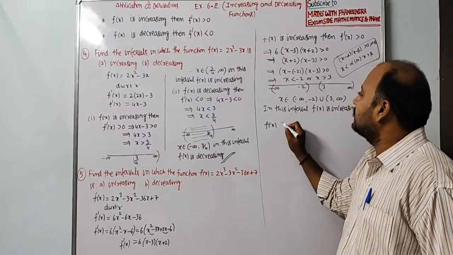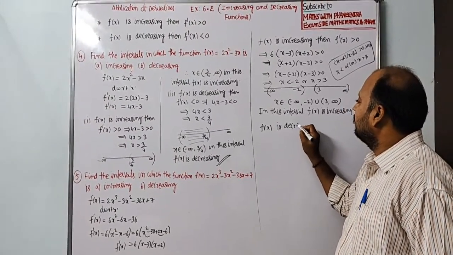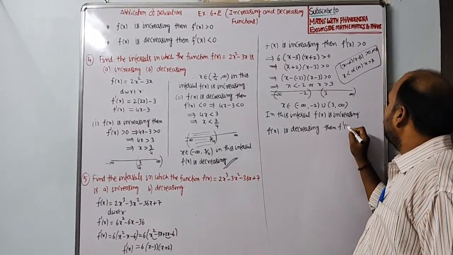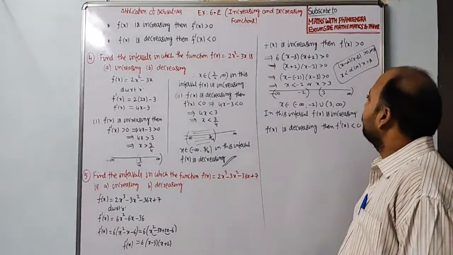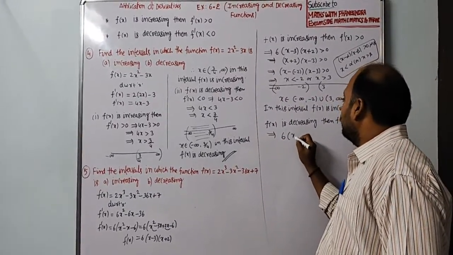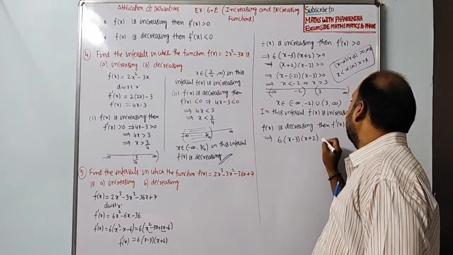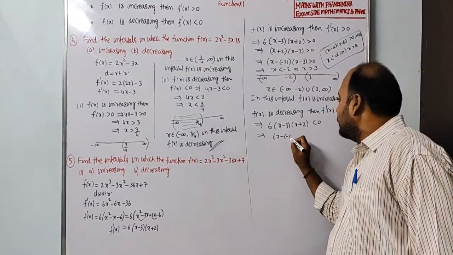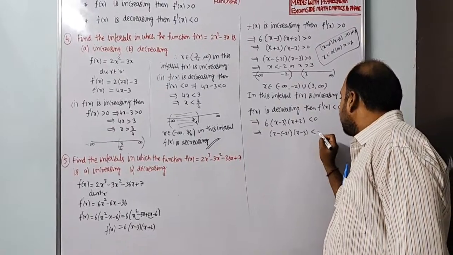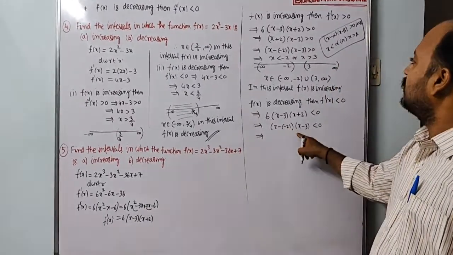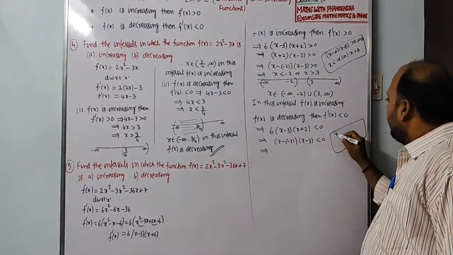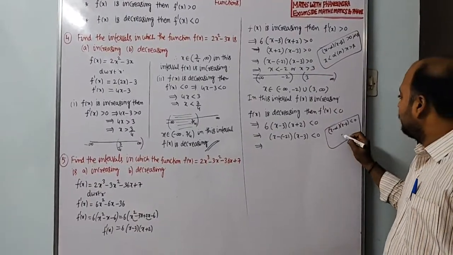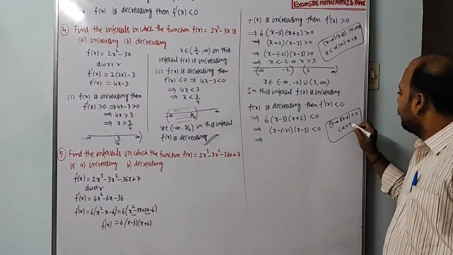f of x is decreasing. Then f dash of x is less than 0. That implies 6 into x minus 3 into x plus 2 is less than 0. 6 bring the sign, and x plus 2 can be written as x minus of minus 2, x minus 3 is less than 0. Again we have the formula: x minus alpha into x minus beta is less than 0, x value lies between alpha and beta.